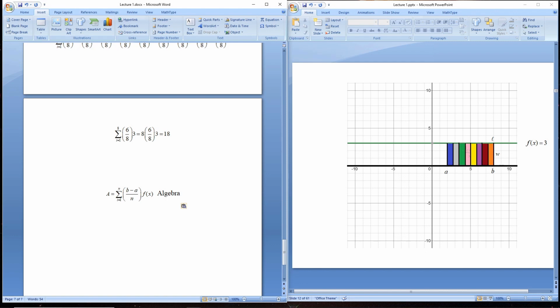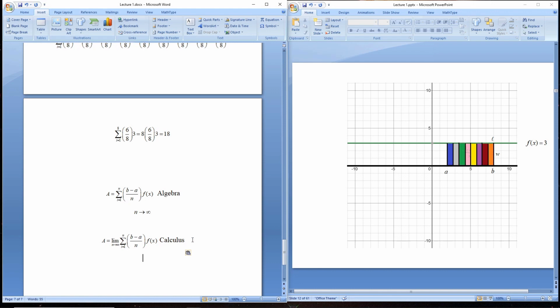Now what's going to happen next week is that we're going to let n go to infinity. And in order to do that, we can't do that with algebra. In order to let n go to infinity, we're going to have to use our favorite tool from test 1, the limit.